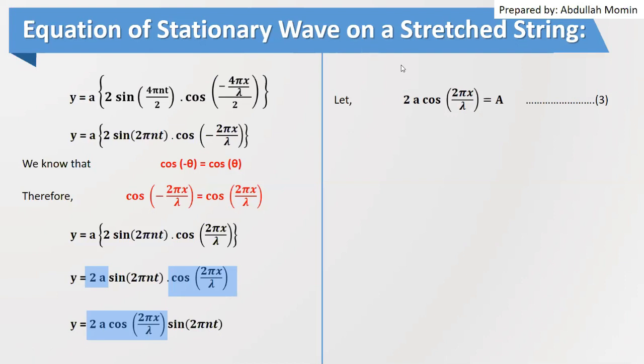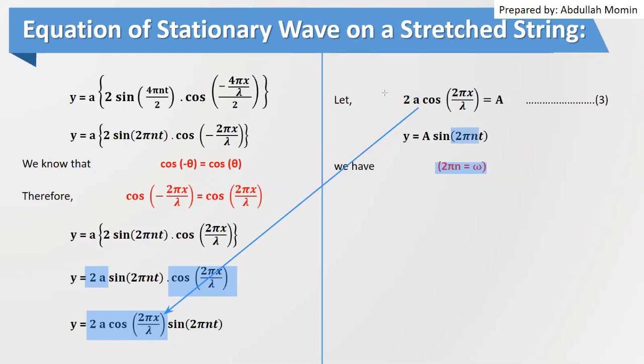Now we are going to put equation 3 in this equation. So what will we get? We will get y is equal to A sine 2 pi nt. And we all know that 2 pi n is nothing but the angular frequency, which can be written as omega. So instead of 2 pi n, we are going to write omega.